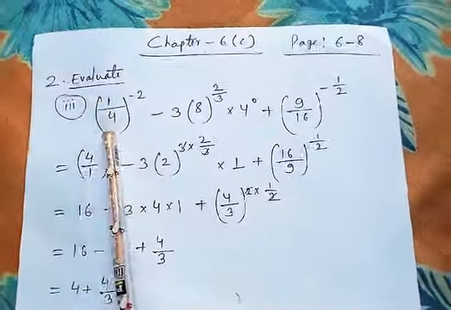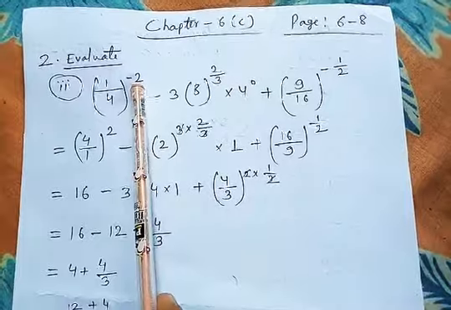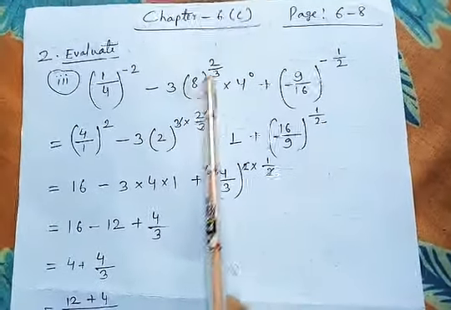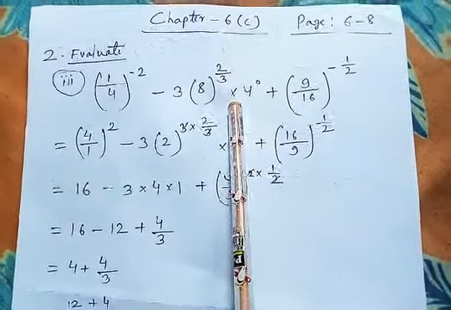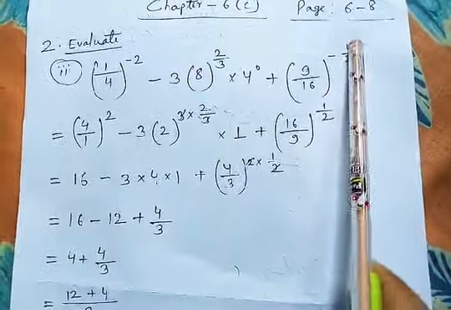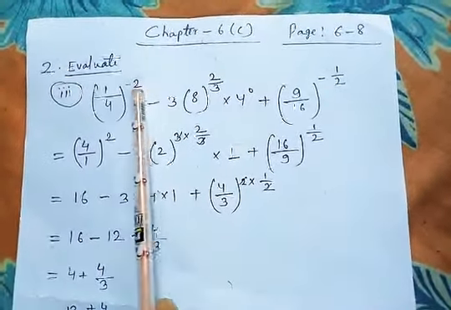Let me explain one more question, children. Question number 3. 1 by 4 to the power minus 2 minus 3 into 8 to the power 2 by 3 into 4 power 0 plus 9 by 16 to the power minus 1 by 2. Here we have a negative power but no fraction.